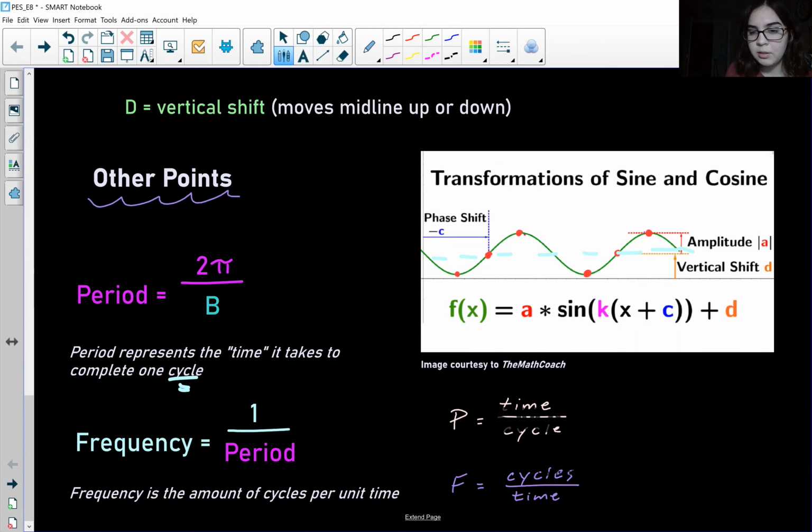So from peak to peak is from here to here, and then right here we have trough to trough, just the bottom. And then you can even go from the middle of the curve to the other side. And so all of those are equal. These are all 1 cycle.